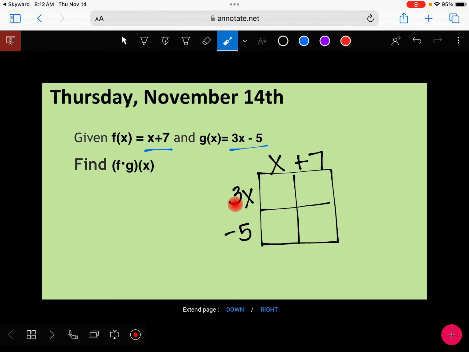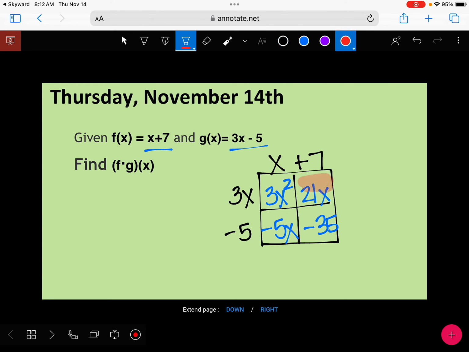So we're going to start by taking 3x times x, 3x squared, 3x times 7 is 21x, negative 5 times x is negative 5x, and negative 5 times 7 is negative 35.